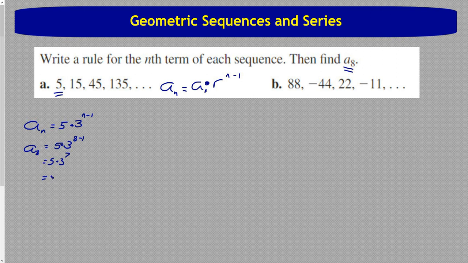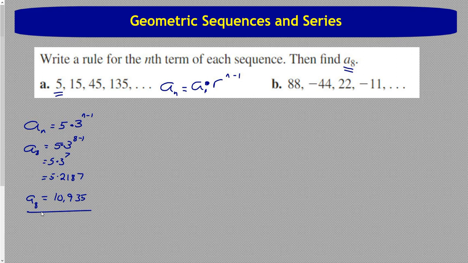So I need to figure out what 3 to the 7th is. You're going to want a calculator for that. 3 to the 7th is 2,187. Huge number. Now I have to multiply that by 5, so that a sub 8, the 8th term of this sequence, is 10,935. You're going to notice that geometric sequences grow very quickly.